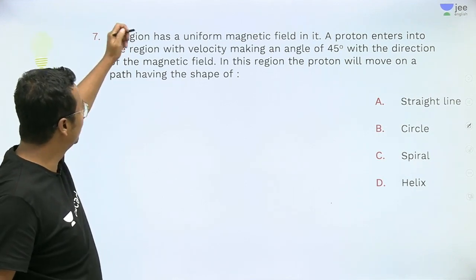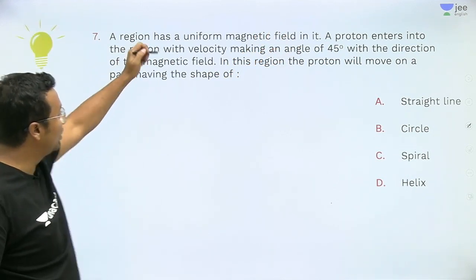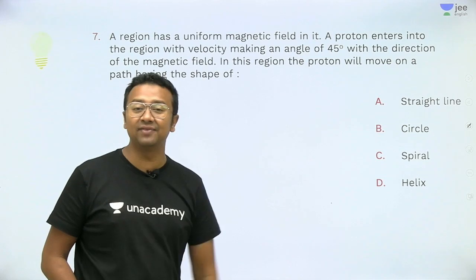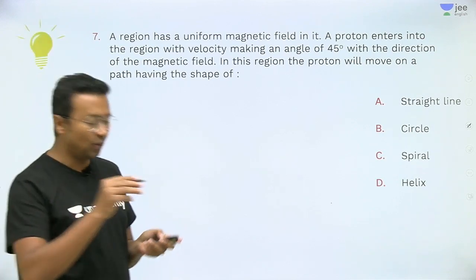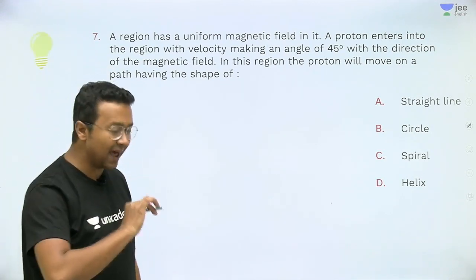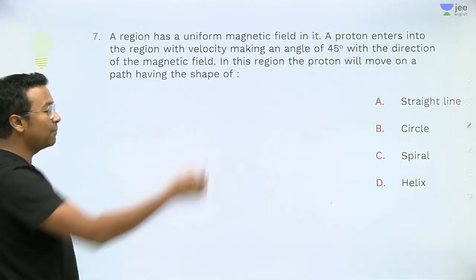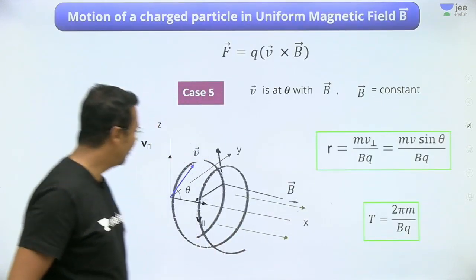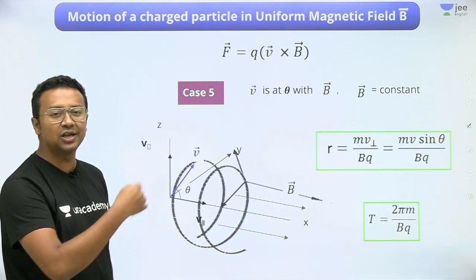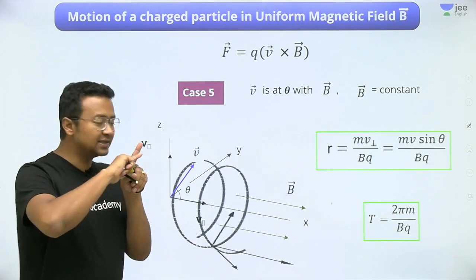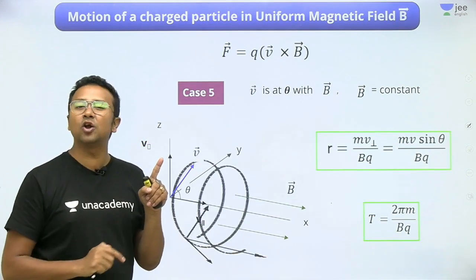There is a region which has got a uniform magnetic field. A proton enters into the region with velocity making an angle of 45 degree. Okay. Now, simple idea, that it is not going along the direction of the field, rather it is making an angle of 45 degree with the direction of magnetic field. How will the proton move? Now, we know for sure that this is generally the way the proton is actually going to move. When it enters at an angle, if it moves in the direction of the field, then the angle between the magnetic field and velocity is 0.